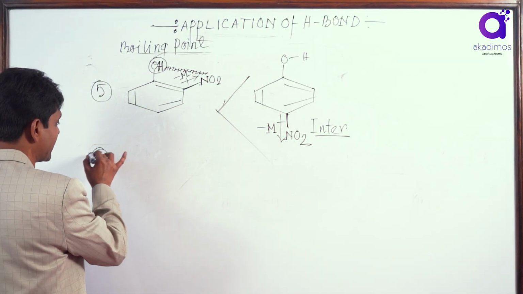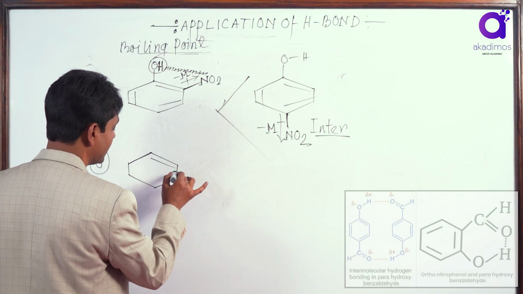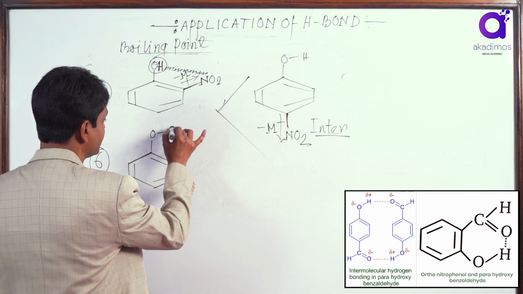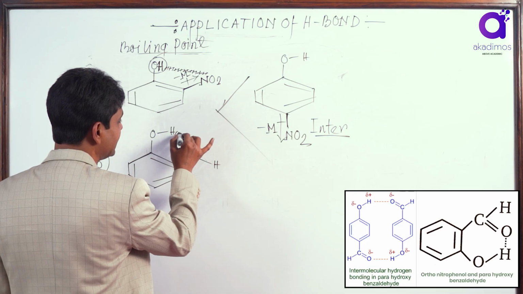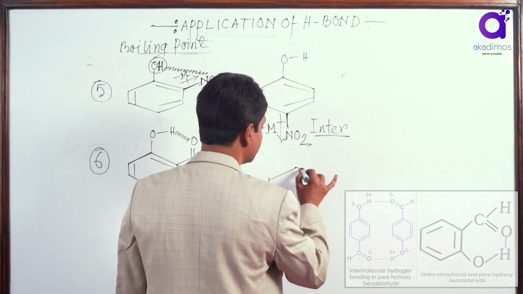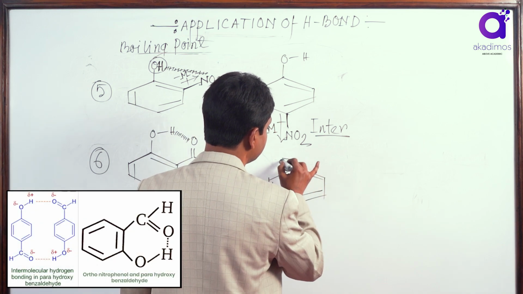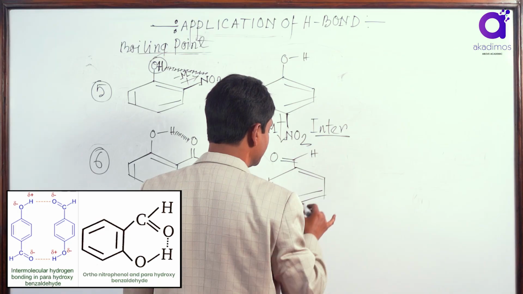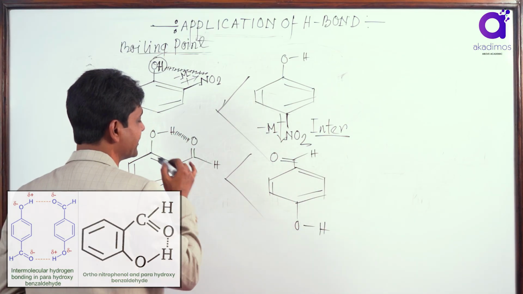Similarly, if I take orthohydroxybenzaldehyde, that is called salicylaldehyde. Here you get intramolecular hydrogen bond, and this is parahydroxybenzaldehyde, no question of intra, only inter. Automatically the boiling point of this one is greater than this.